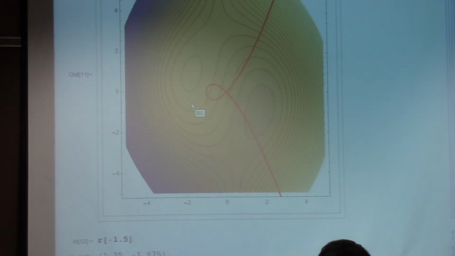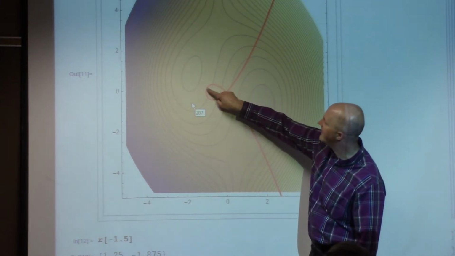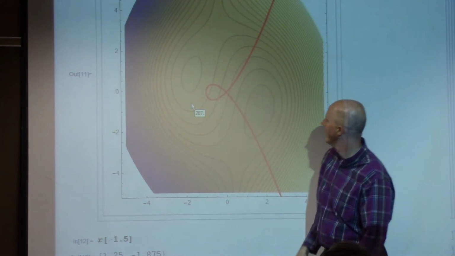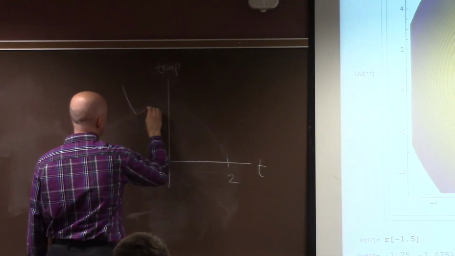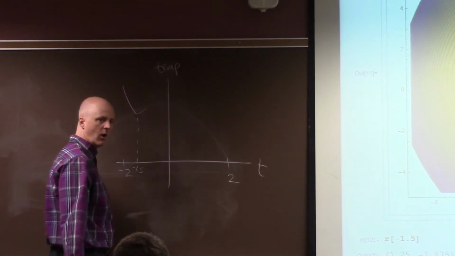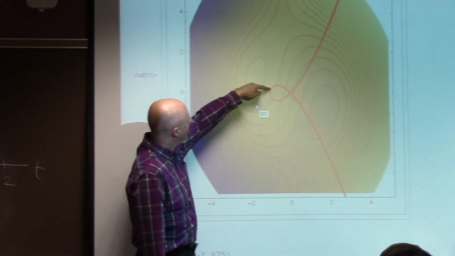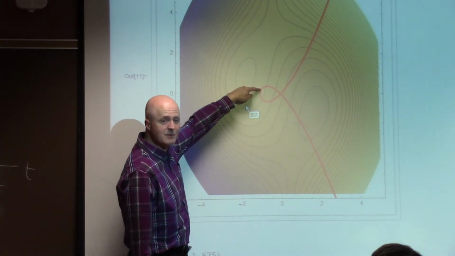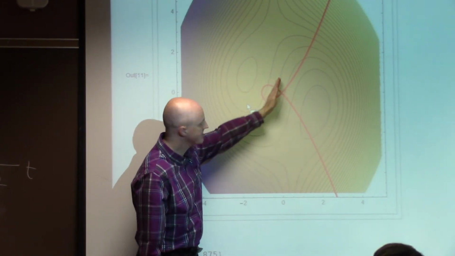Then the temperature is going to go up as the bug travels from here to right about there. It's going to go up slightly. This is at about negative 1.5 or so. Why did I say right about there? Well, because I'm looking at those level curves and seeing that near this point, they're pointing in this direction.